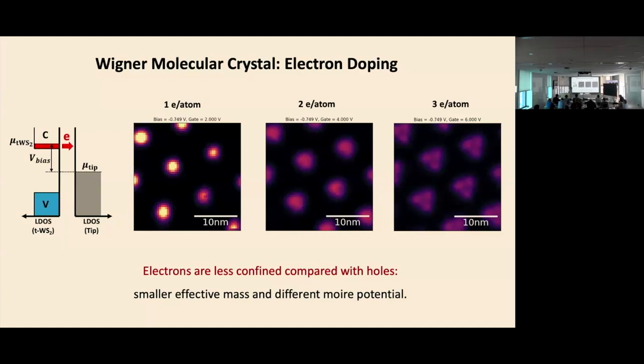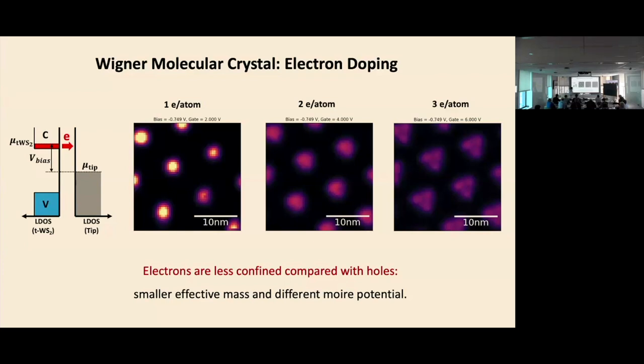Yes? Maybe what about incommensurate filling factors? Like instead of having commensurate filling factors of the moiré itself, what happens when it's partially filled rather than full?